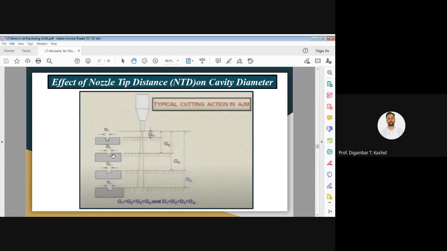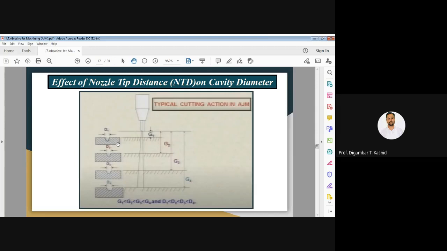That means if you increase the standoff distance, your cavity diameter is definitely going to increase. So D2 will be greater than D1. However, the depth beyond a certain limit will decrease.